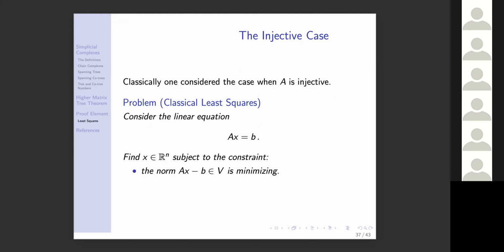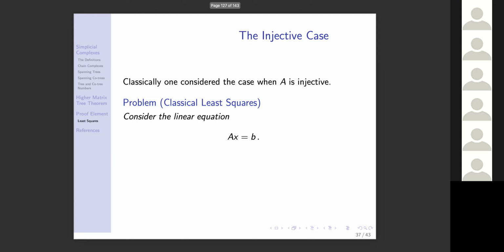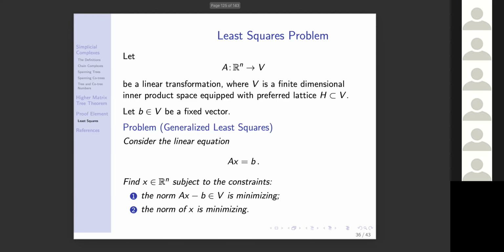It goes away. So we just care about the first constraint, Ax minus b being norm minimizing, right? We don't care about the second condition involving x when A is injective, because there's only one solution, right? If A is injective, the norm of x being minimizing is automatically holding in that case.